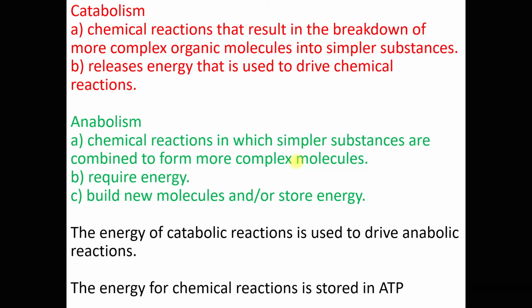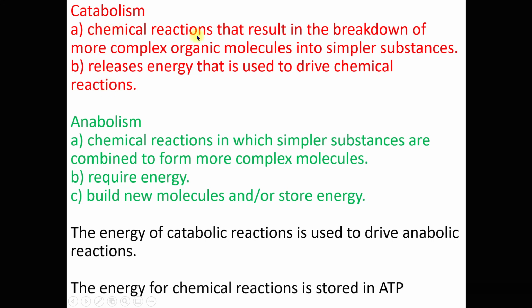Now just a recap on some of this terminology, catabolism and anabolism. So we are done on the enzyme, on the structure of the enzyme. So before we close our discussion, let's do some recap here on what you have learned in your secondary education.